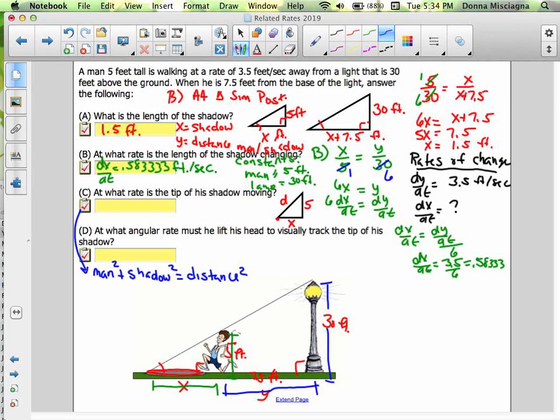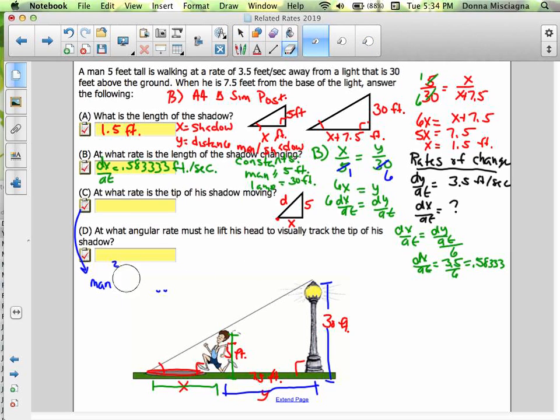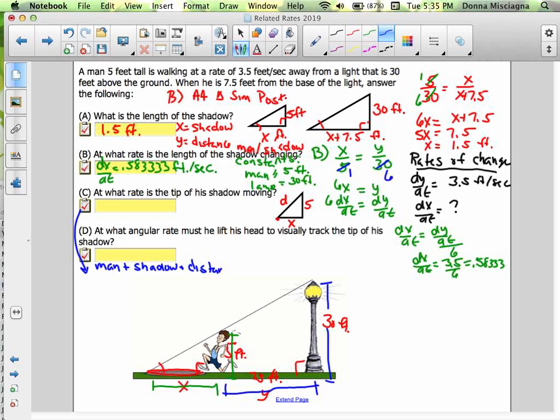We can represent this as a right triangle, right? So I should write that in there. Oh, we'll just erase that. So together, the man and the shadow and the distance form a right triangle.